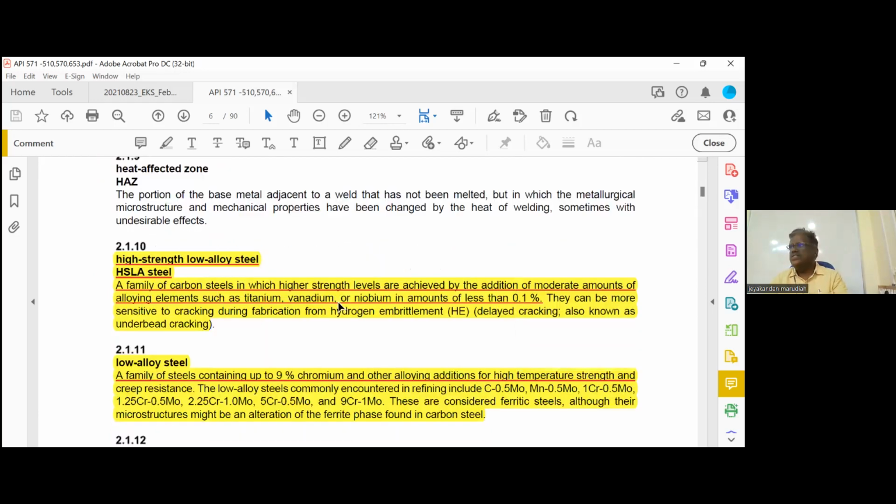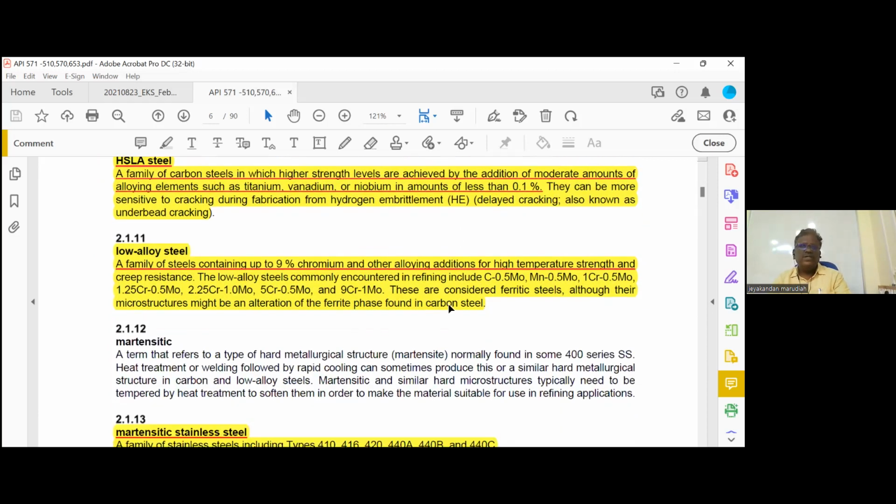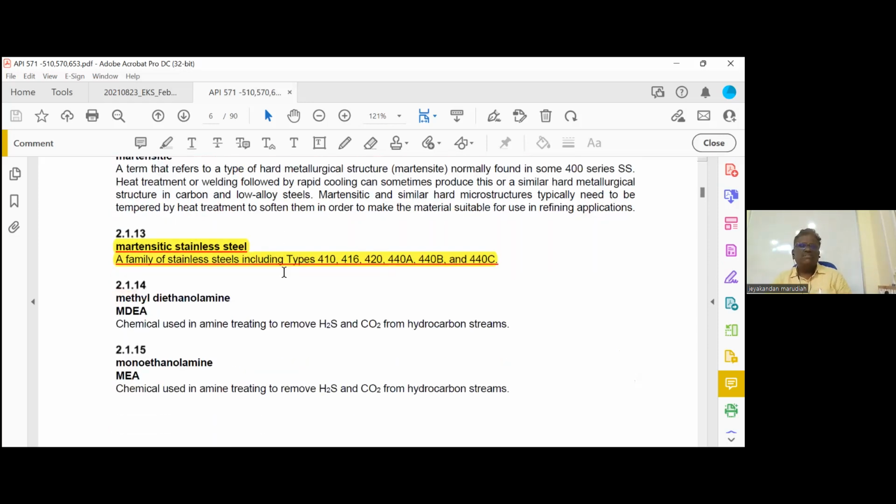Then HSLA steel, high strength low alloy, highlight these two lines. A family of carbon steel where higher strength levels are achieved by the addition of moderate amounts of alloying elements such as titanium, vanadium, or niobium in less than 0.1%.